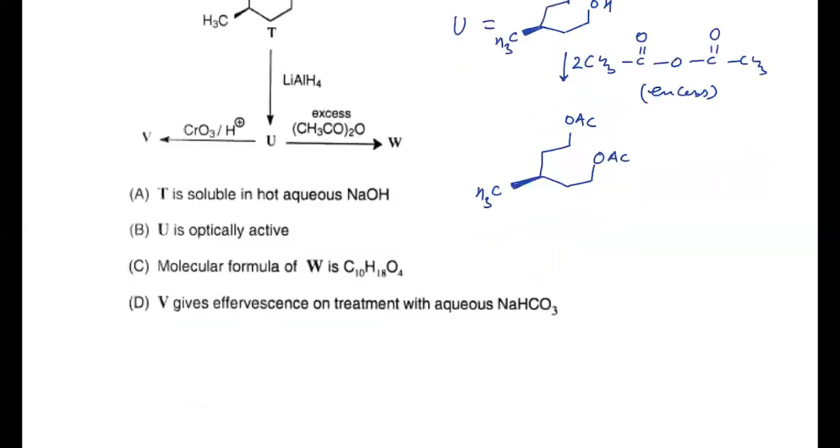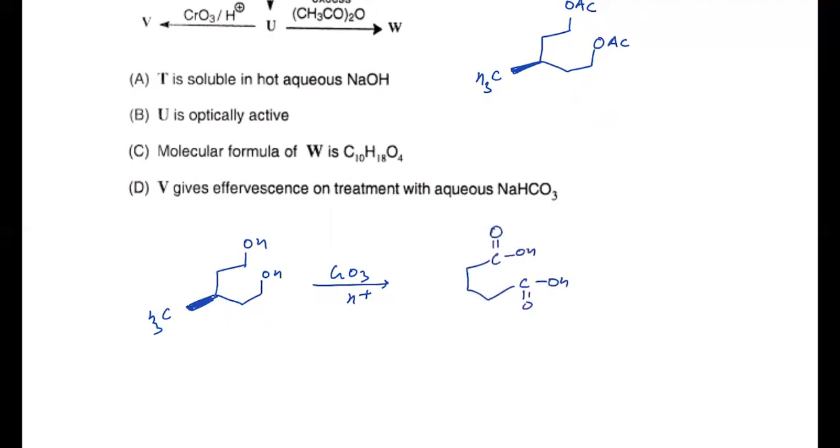So another reaction, if I write it, this is the reactant. It's treated with CrO3/H+. So both the alcohol groups will oxidize to carboxylic acid groups. So it will be COOH and COOH. This is CH3, so this is the final product. These are your final products.